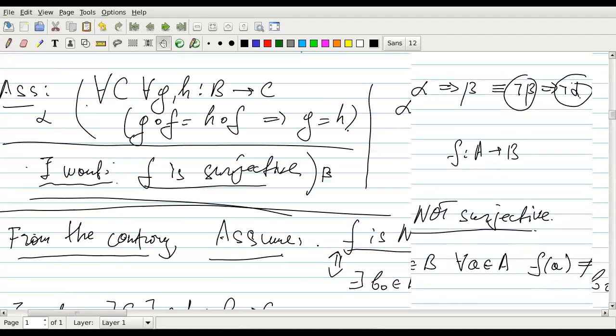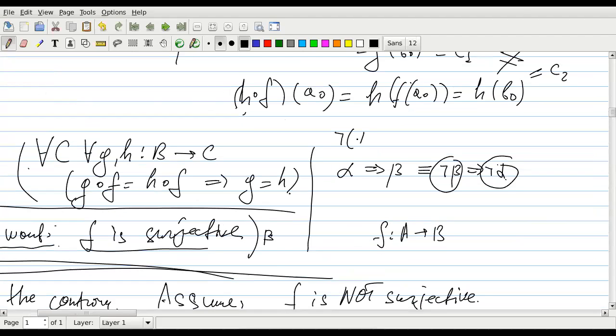Yes. Some logic. What does it mean that an implication is not true? Alpha true and beta false.